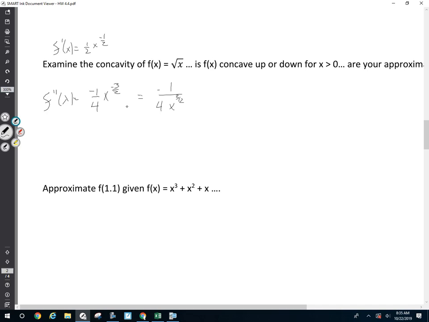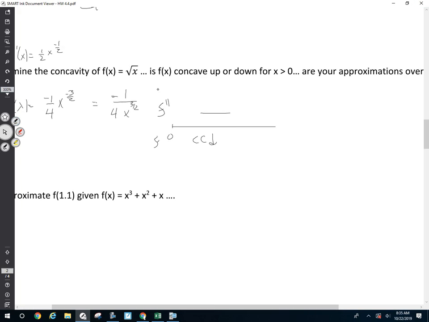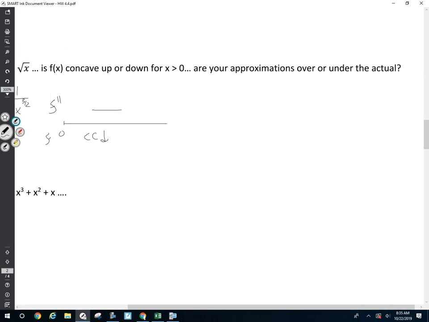If I'm plugging in values greater than 0, because I'm not plugging in any values less than 0, I'd have a -1 divided by a positive times a positive. So that means this is negative. So f double prime is negative. That's telling me f is concave down.